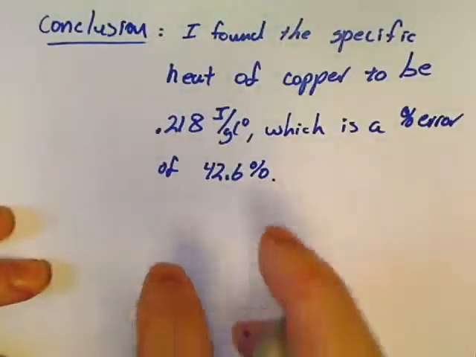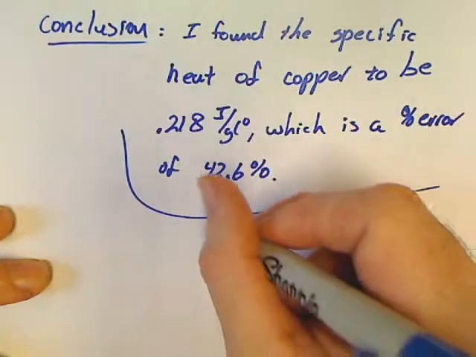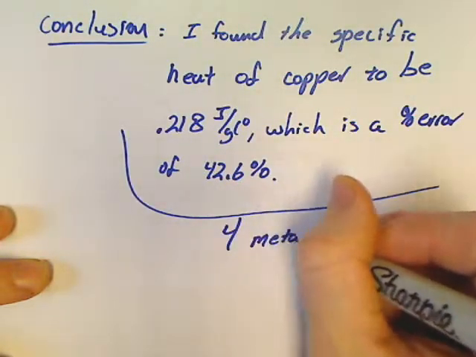And now the reality of it is you should have a total of 4 of these metals to report.